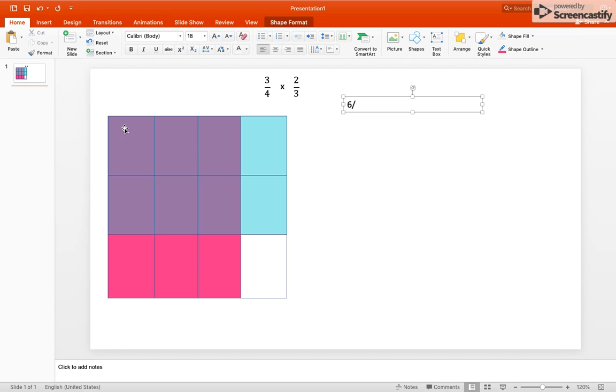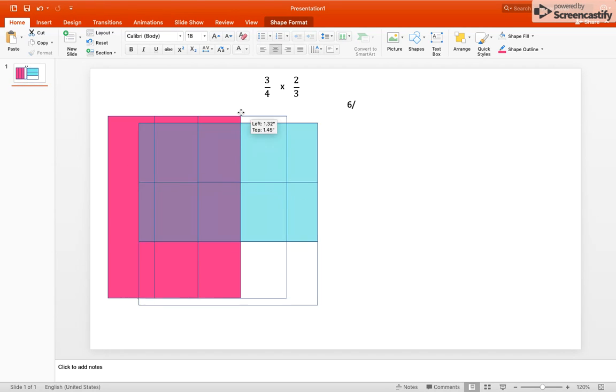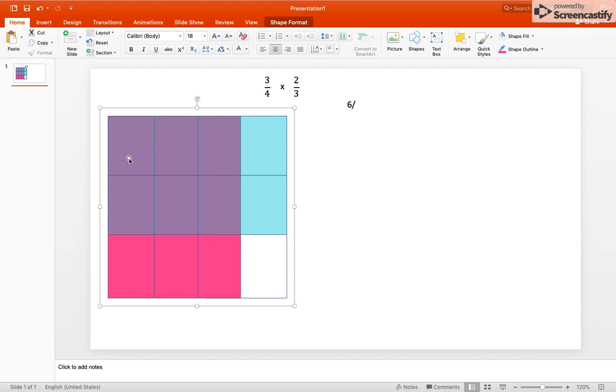But what is my denominator now? Now my denominator is not in fourths, so fourths are these really long pieces, and it's not in thirds. When we combine this, we can see that we actually have new, smaller sections. So my denominator is not going to be 4 anymore. It's not going to be 3 anymore. So I'm just going to count, okay, how many sections did I create by overlapping that? 1, 2, 3, 4, 5, 6, 7, 8, 9, 10, 11, 12.